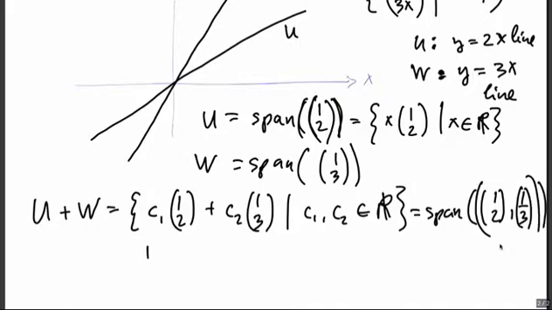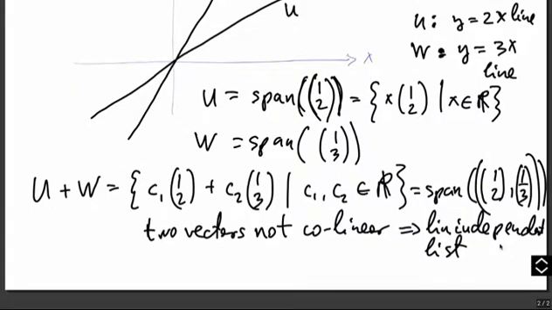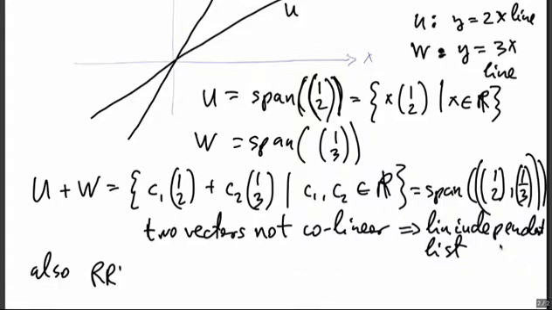Then if you have two vectors in R2, actually two vectors in any dimension, if they are not collinear, that means they are not in line, that means they are linearly independent, or they form a linearly independent set or list. Another way to see linear independence that I also want to emphasize is using the reduced row echelon form. Don't use determinants right now because we didn't cover them.